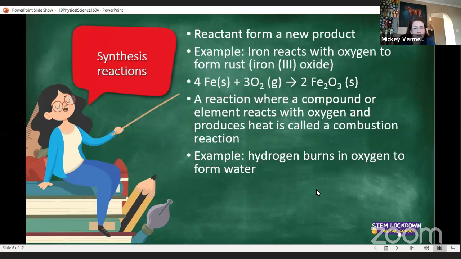So hydrogen gas plus oxygen gas gives me water. Mbali, did I answer your question though? I know you mistyped. Or I misunderstood. But Mbali, do you understand how we know there's a synthesis reaction? More reactants, one product. Reactants form something new. I'm not taking something and breaking it up.